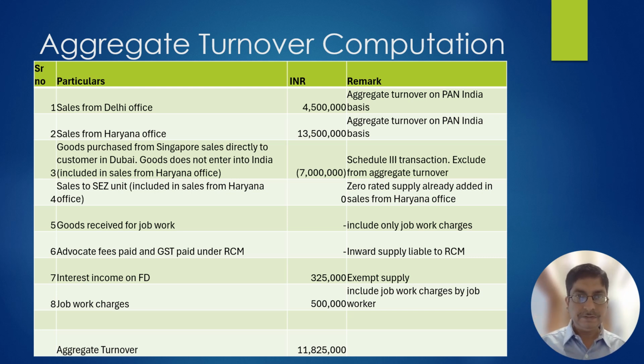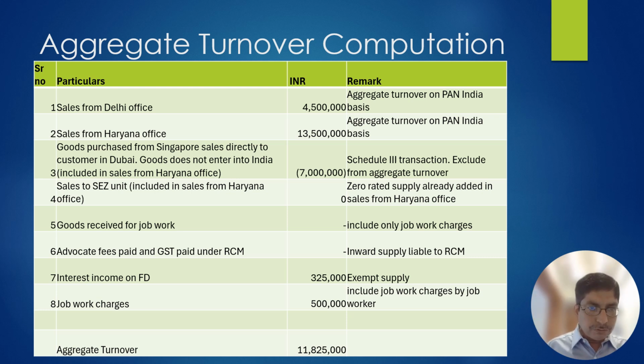Exclude that. It is included in the turnover of Haryana office, therefore we are reducing it. Sale to SEZ unit, zero rated, is to be included in the aggregate turnover. It is already there in the Haryana office sales, therefore we are not adding that again.